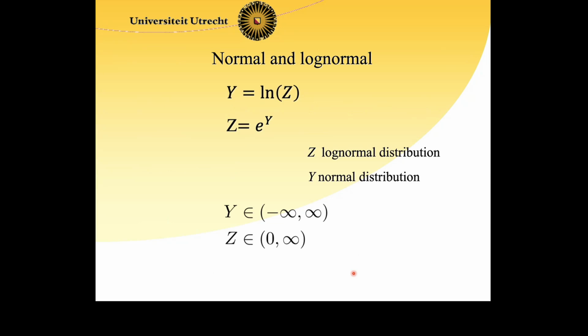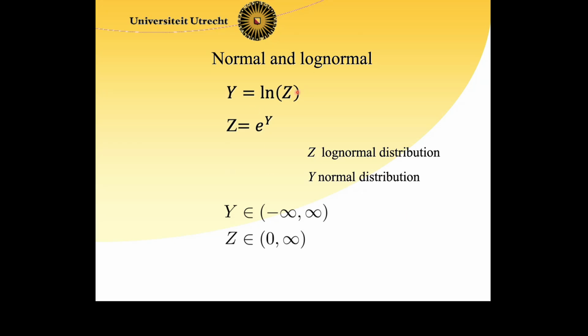Okay. Now let's go to the normal and log normal distribution. Often, especially in hydrology, many of the variables are strictly positive. For instance, hydraulic conductivity and concentration always vary between 0 and very large values. If you take the logarithm of that, they often tend to a Gaussian or normal distribution.